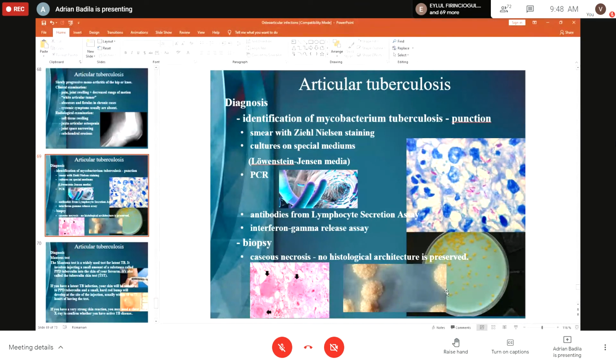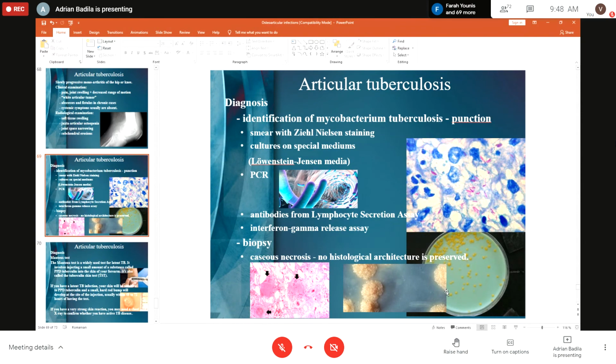Another method of diagnosis is the biopsy. You can perform also PCR or even cultures from the bioptic material, but if you perform a histopathological examination of the harvested bone fragment, you will identify caseous necrosis.